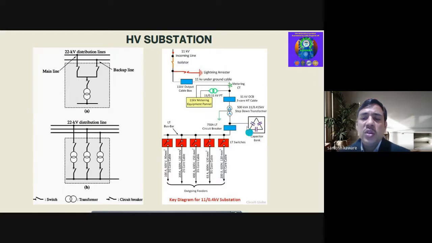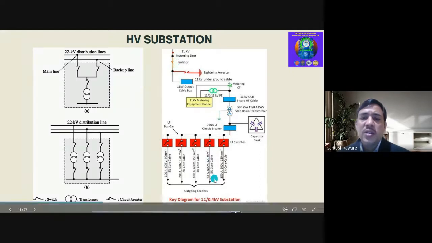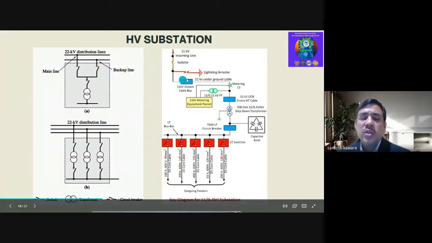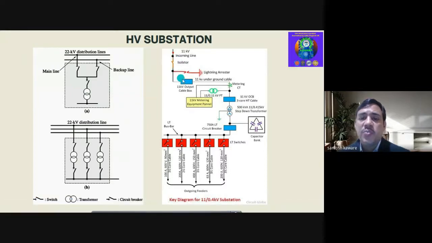So every equipment you have connected from the starting up to the supply end should be tested properly. Then you can ensure its operation. All these equipments, we are going to cover how they get tested.